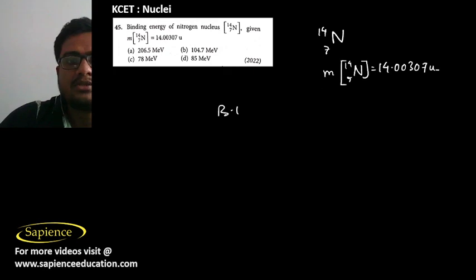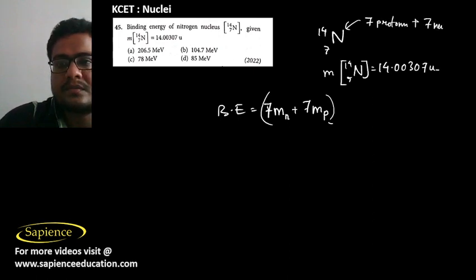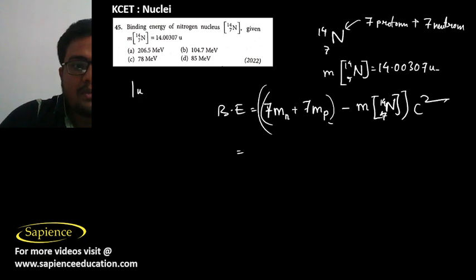So the binding energy will be equal to 7 into mass of neutron plus 7 into mass of proton, since the nucleus of nitrogen contains 7 protons and 7 neutrons, minus mass of nitrogen, into c square. And we know that 1 u into c square is 931 mega electron volt.